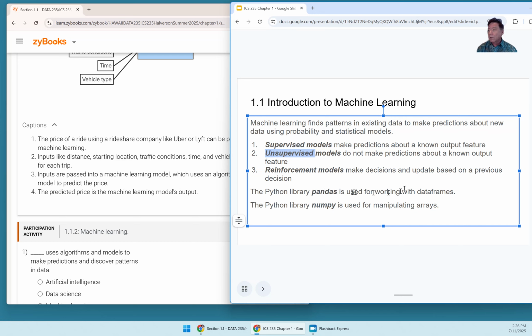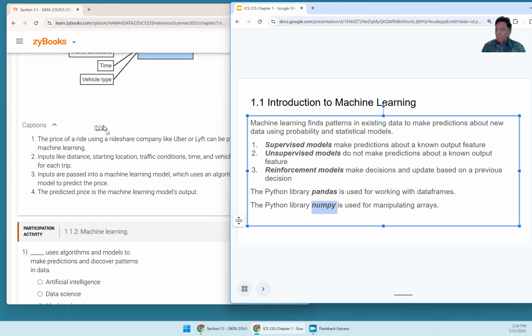We're going to use this library called pandas, and you'll see how we bring in libraries for data frames, which is what these machine learning models use to represent and manipulate data. And then we're going to use this NumPy library for manipulating arrays.